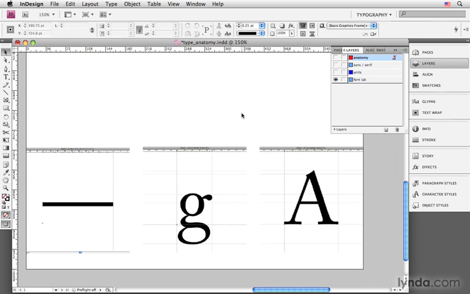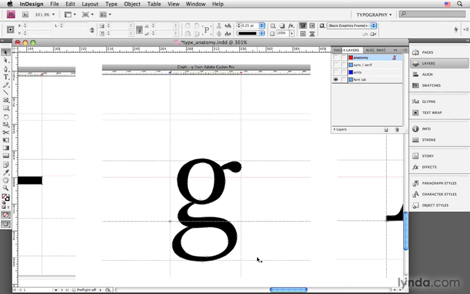These days, obviously, we are not working with metal type, but type is created digitally, and these three screen captures are from a font creation program called FontLab Studio. And if I zoom in on the G, for example, this area represents the M square in which the G is constructed. It occupies a certain set width of that M square that is far less than the potential 1000 units.